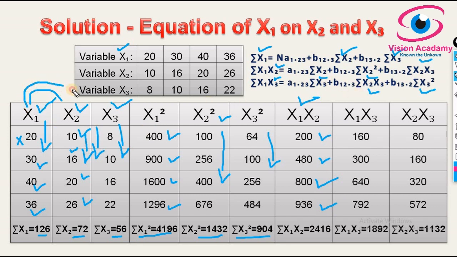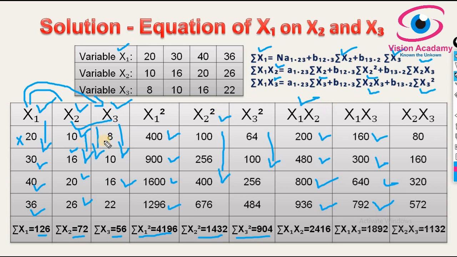Now we have to consider variable 1 with variable 3, which means the dependent variable with independent variable 3. So 20 into 8 is 160, 30 into 10 is 300, 40 into 16 is 640, 36 into 22 is 792. Finally we take the other two independent variables, x2 and x3.